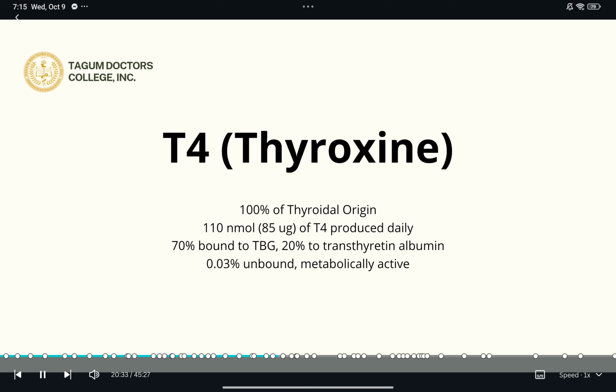So both of these are proteins. Ang isa is a globulin, ang isa is albumin. Okay. So 70% is dito sa globulin and 20% sa albumin. Only 0.03% is unbound and are metabolically active. Okay. That's what we call our free T4 or FT4.